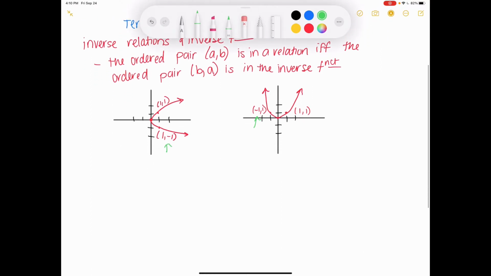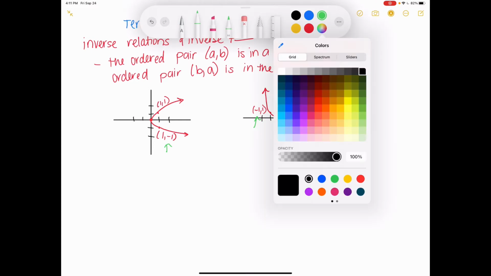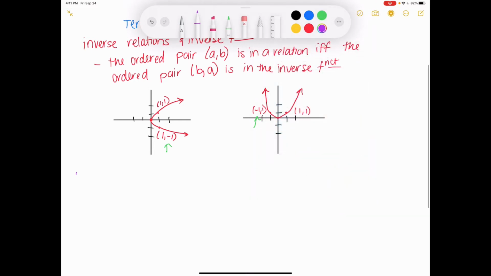All right, so hopefully you remember us talking about the vertical line test. That's the line that goes up and down, and it'll tell us if something is a function or not. But the next thing we have is a horizontal line test.